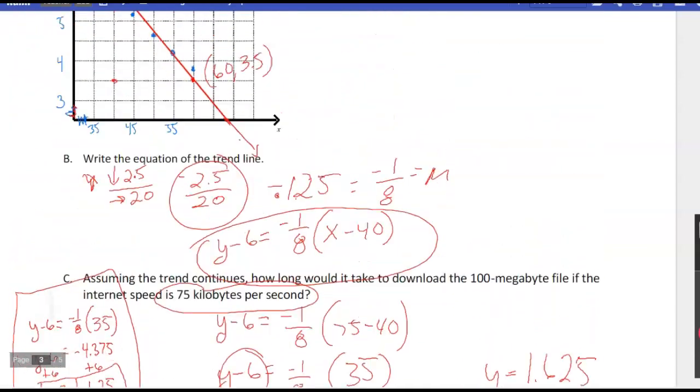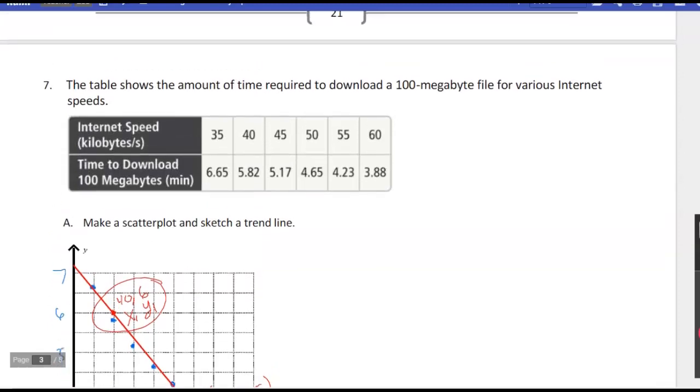Is that possible? So we come up here, and what does this mean? We get 88 and 0. What does that mean? It means if you had an internet speed of 88 kilobytes, you would be able to download that file in 0 seconds.